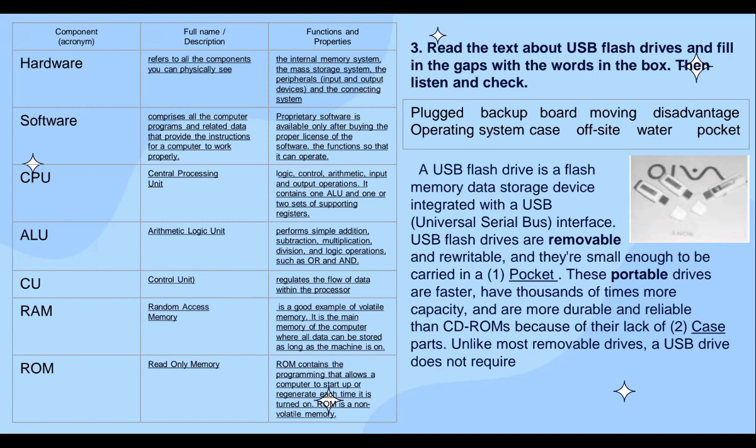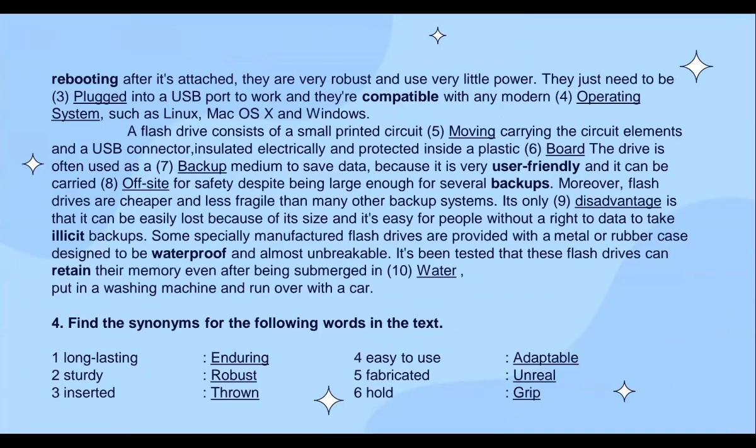Unlike most removable drives, a USB drive doesn't require rebooting after it's attached. They are very robust and use very little power. They just need to be plugged into a USB port to work, and they are compatible with any modern operating systems such as Linux, Mac OS, and Windows.